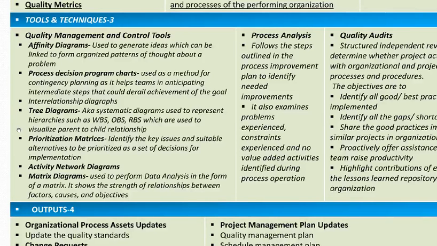Then we have activity network diagrams, and we've already seen that in the previous chapter, the project schedule management knowledge area. And the last of the quality management and control tools is the matrix diagram, used to perform data analysis in the form of a matrix. It shows the strength of relationship between factors, causes, and objectives.